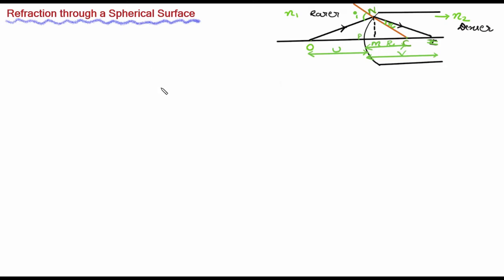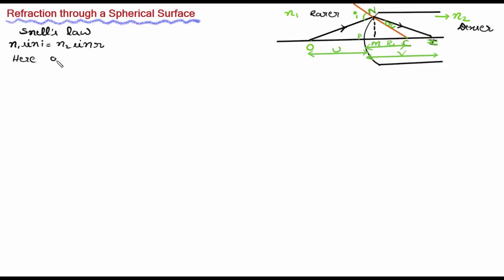Okay, the very first step for the derivation is considering Snell's law. Okay, now consider Snell's law. From Snell's law, we know n1 sin i is equal to n2 sin r. Now here the angles are very, very small.